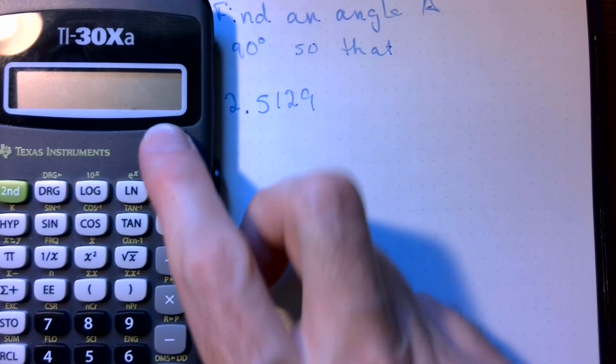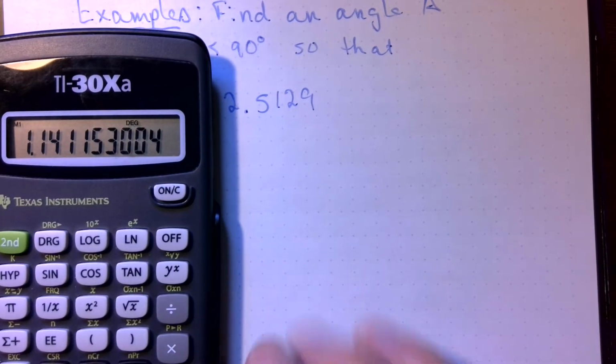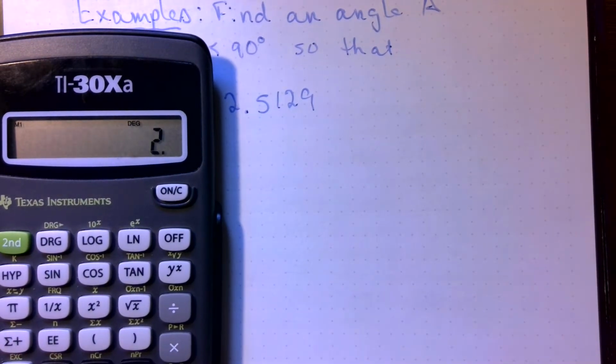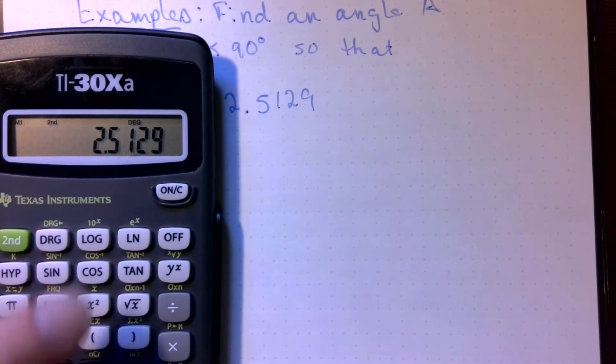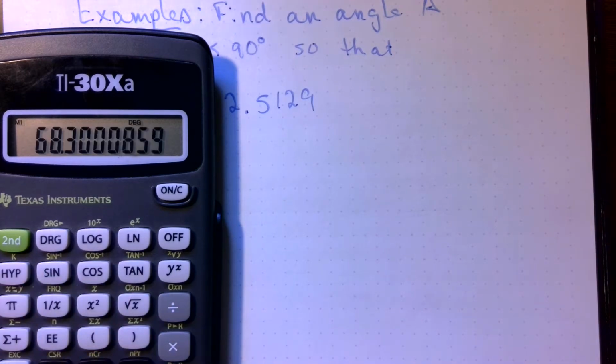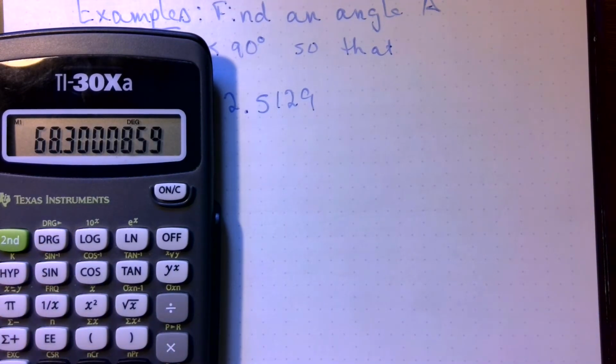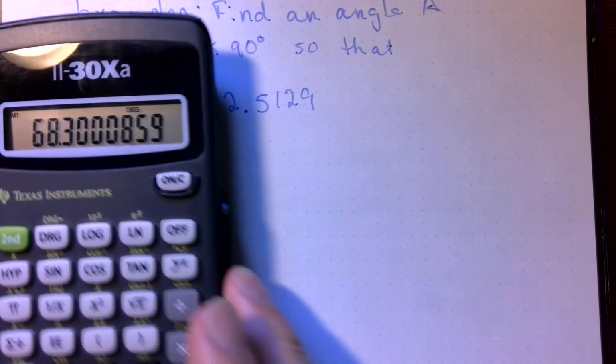So here's what I'm going to do. I'm going to enter 2.5129, and then I'm going to hit the second key. So notice it even lights up right there. Then I'm going to hit the tangent key, and it's saying 68.3.